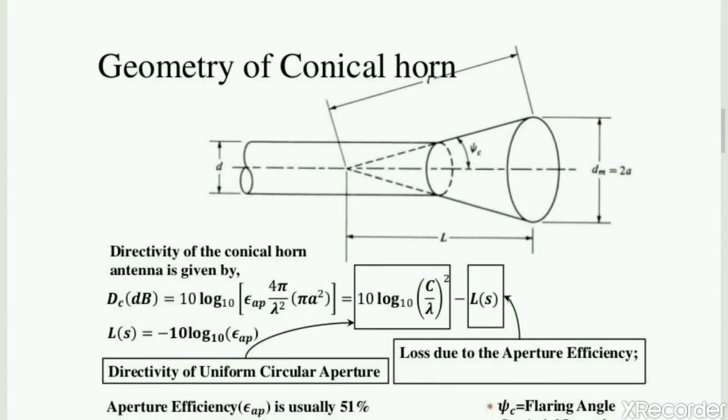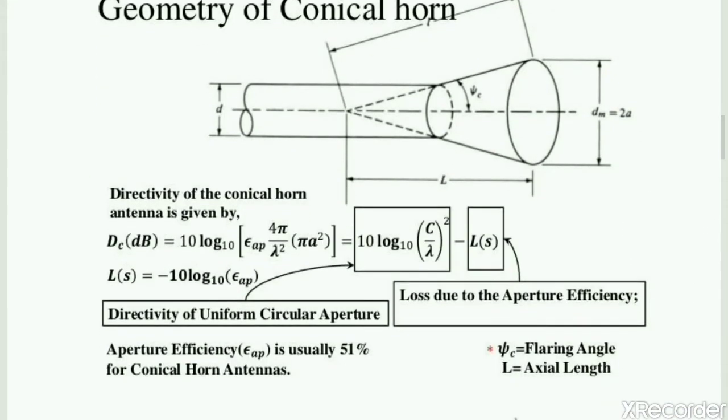We can see from this figure the angle psi suffix c, which is the flaring angle. From the geometry, capital L is the axial length, or the flaring length. Small d_m is equal to 2a, where a is the radius of the cross section, or the aperture, and d_m is the diameter of the opening of the cross section.